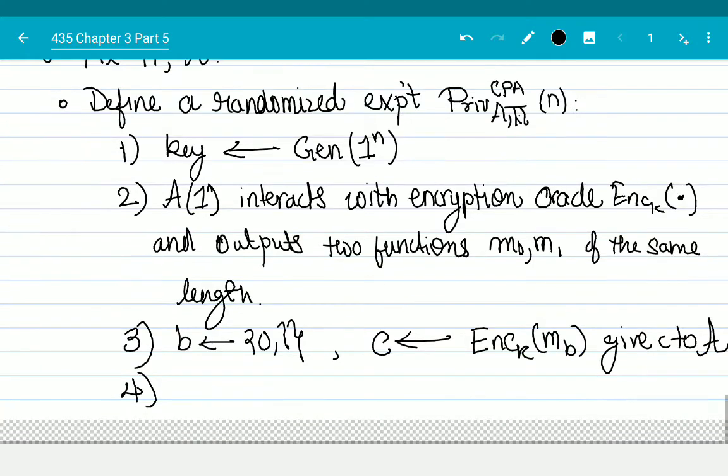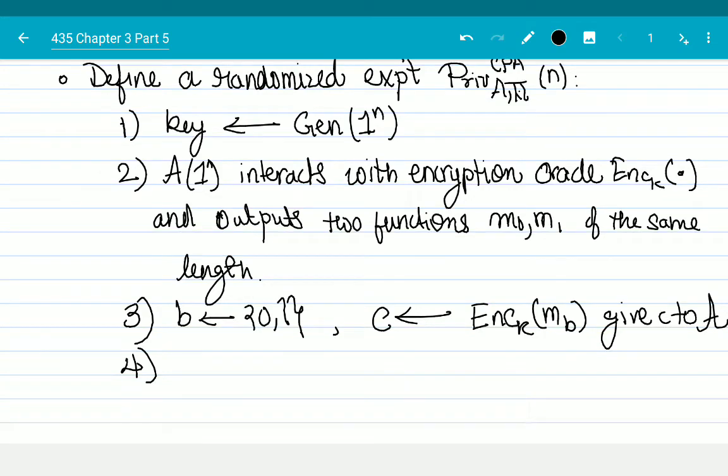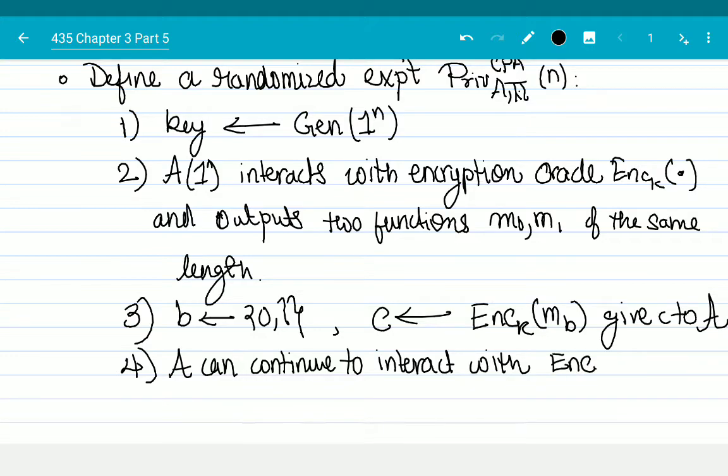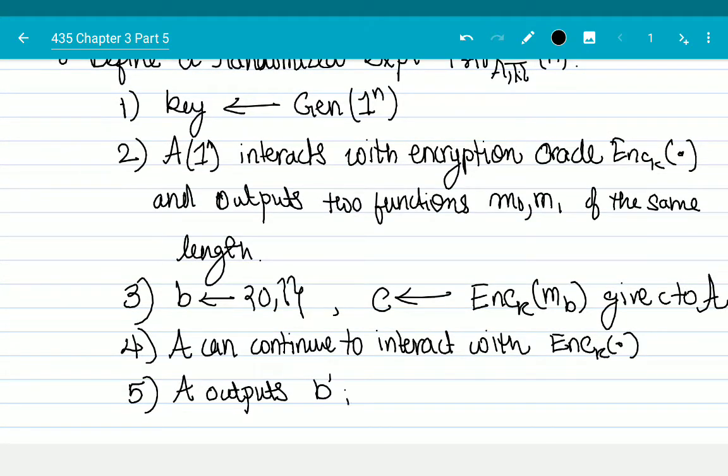A can continue to interact with the encryption oracle. And in the final step, A outputs b prime, and we say that the experiment is succeeded.